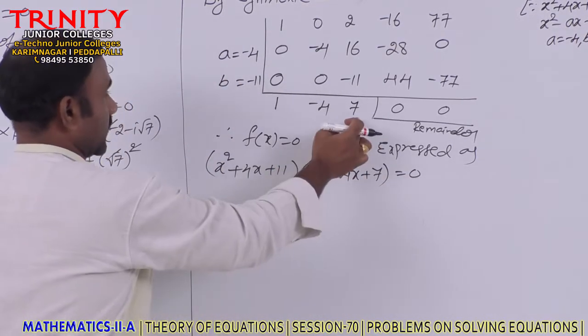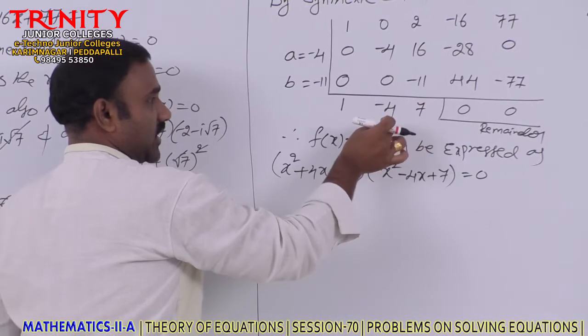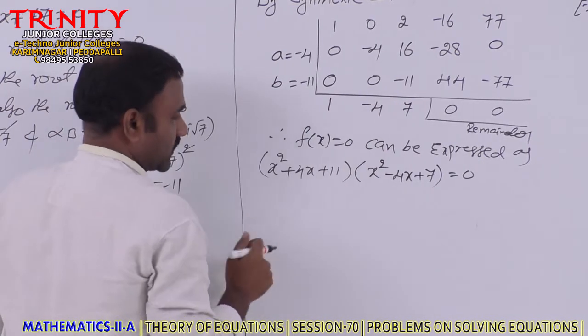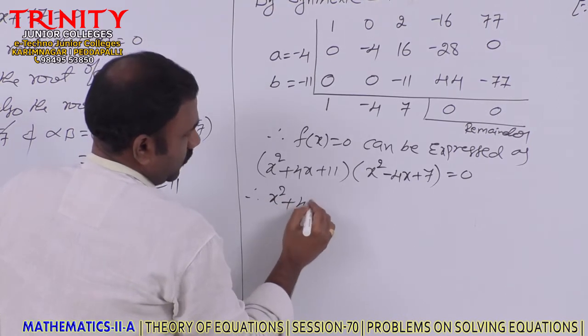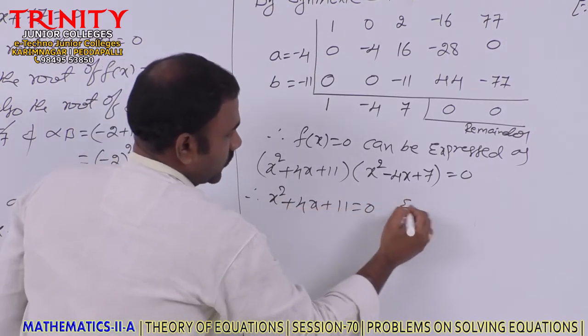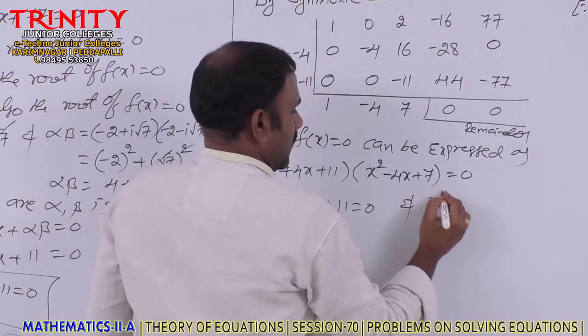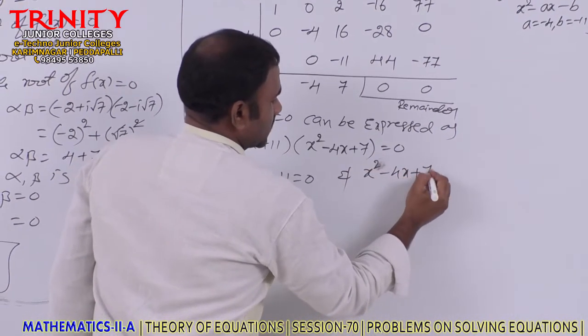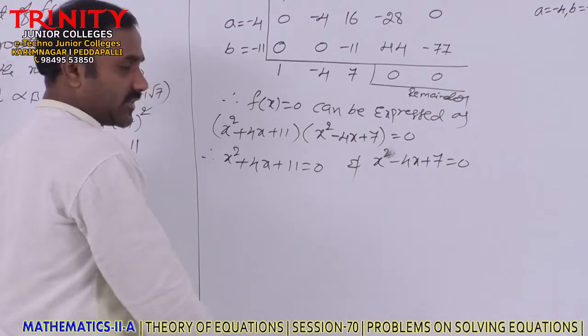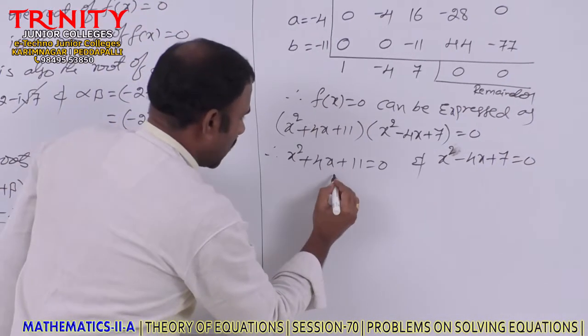We are coming from this right side. 7 is a constant, then x, then x square. x square plus 4x plus 11 equal to 0 and x square minus 4x plus 7 equal to 0 is the other factor. Already we have its roots.